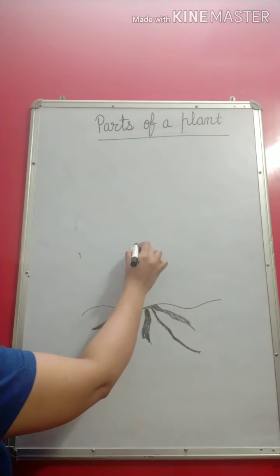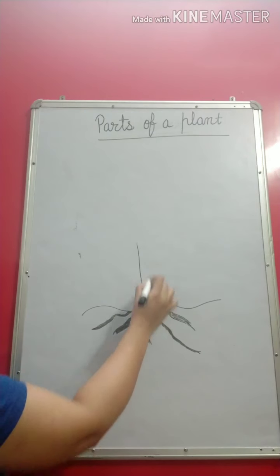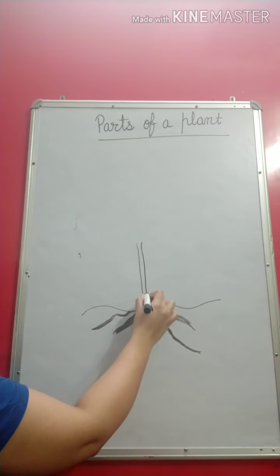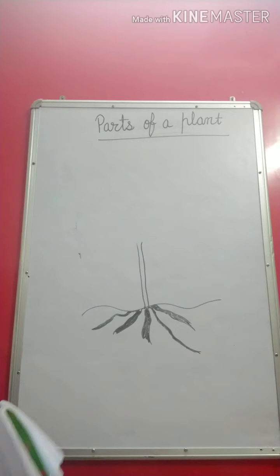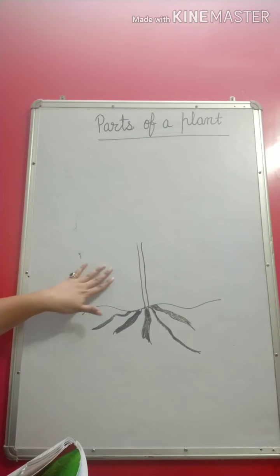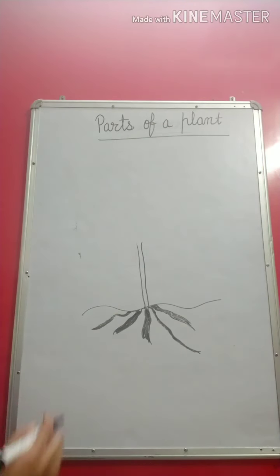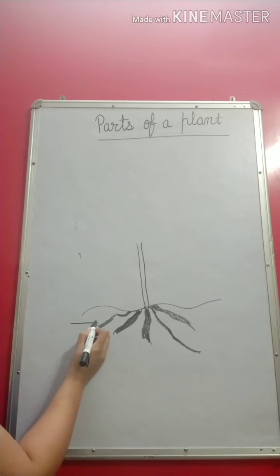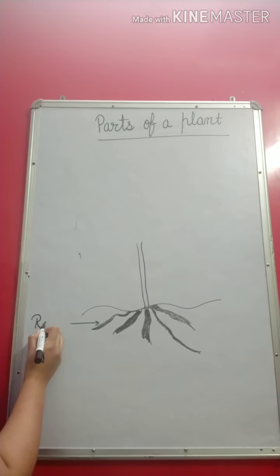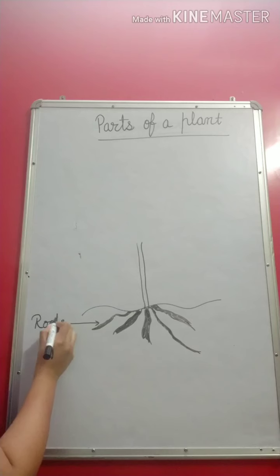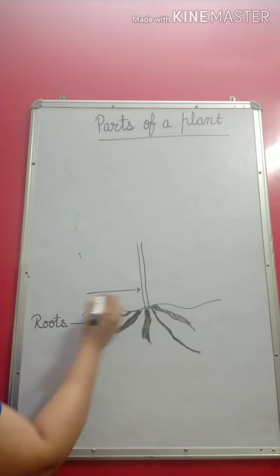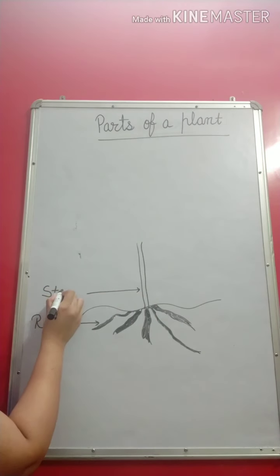After the root, the part which is easily visible above the ground is the stem. I am also mentioning the names here side by side. These are roots and this is what? Stem. S-T-E-M, stem.